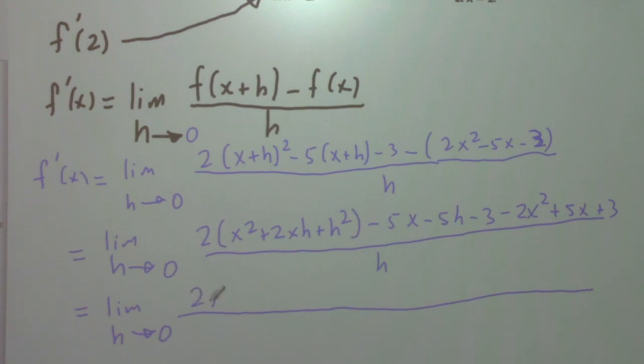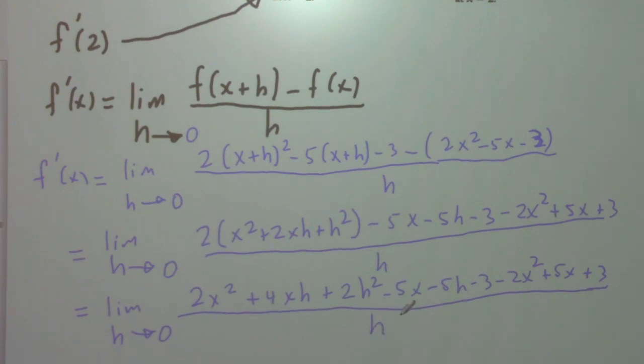So we've got 2x squared plus 4xh plus 2h squared, and we have minus 5x minus 5h minus 3 minus 2x squared plus 5x plus 3, all over h.